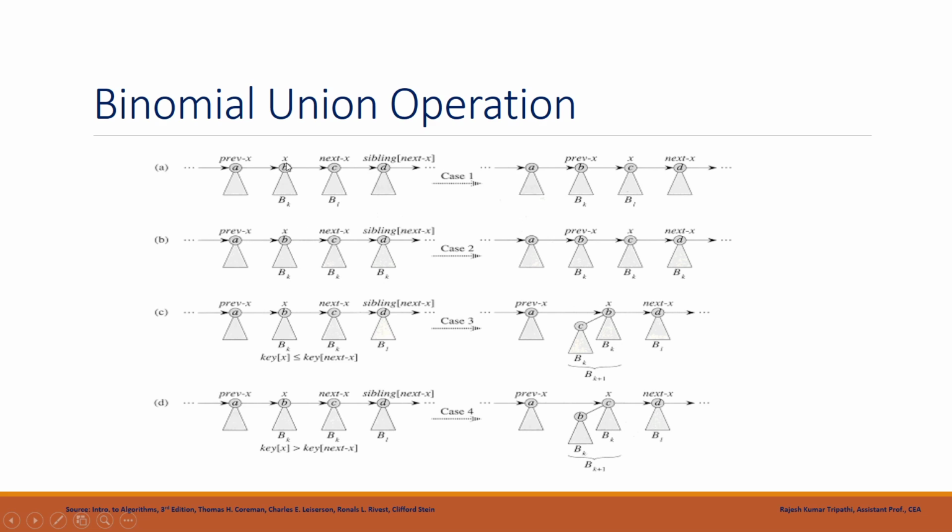So previous x will start to point to B, x will start to point to C, and next x will start to point to D, and again this process will repeat.